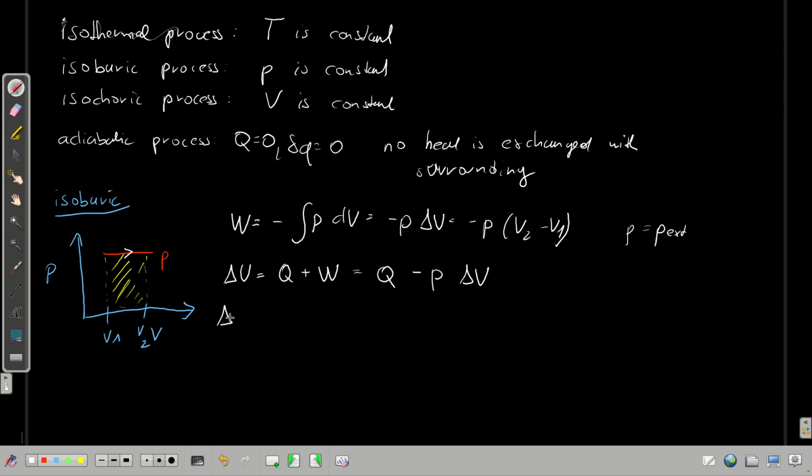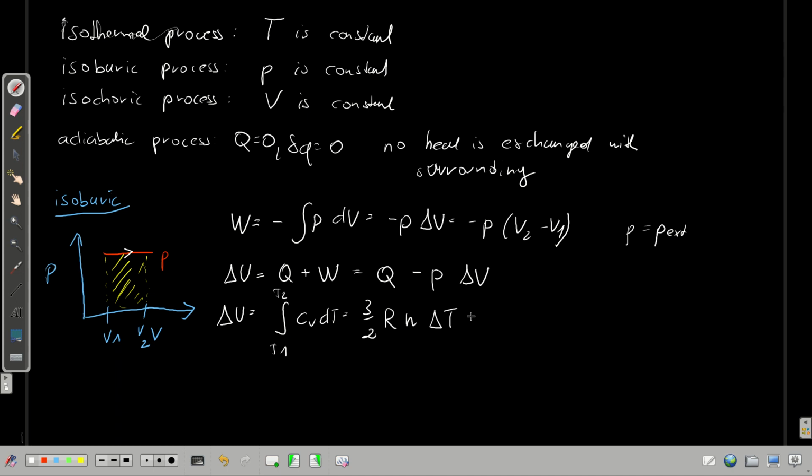And because we know delta U equals the integral from T1 to T2 of CV dT, and for the ideal gas CV, the volume heat capacity, is 3/2 R, the ideal gas constant, times the amount of substance, the number of moles, times delta T, and delta T is T2 minus T1.